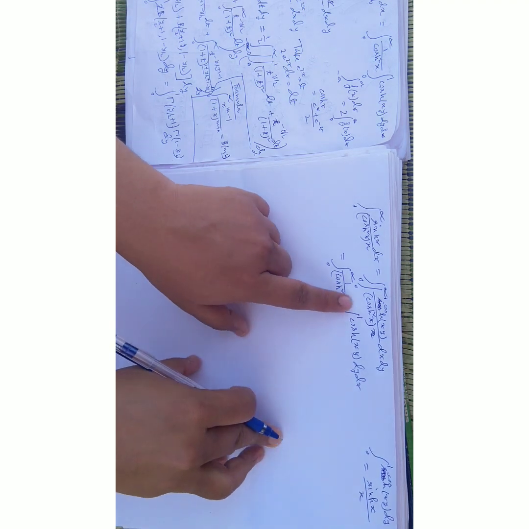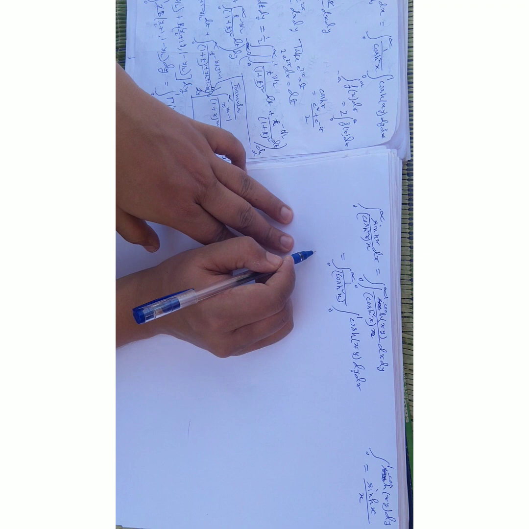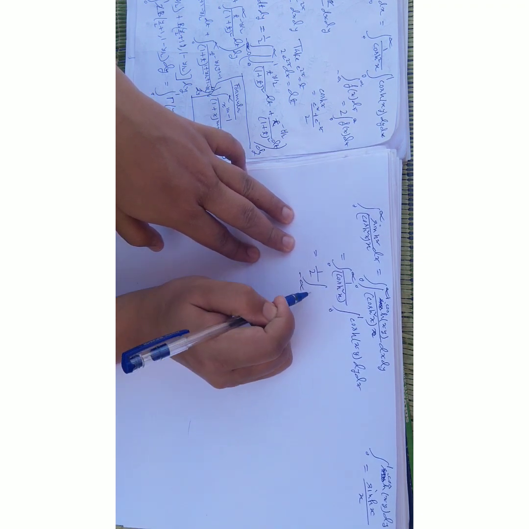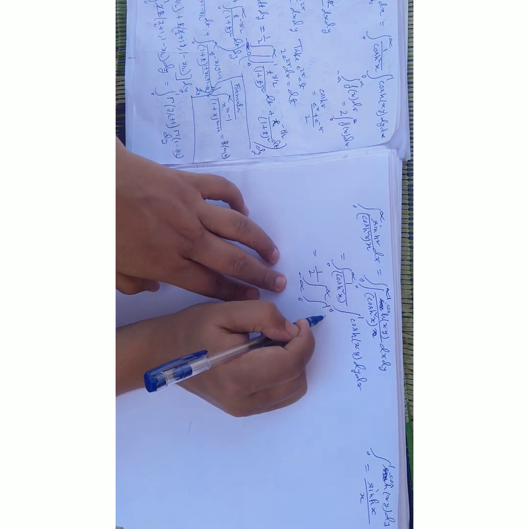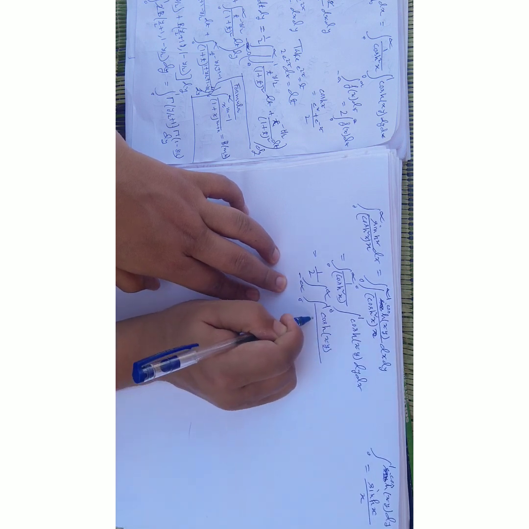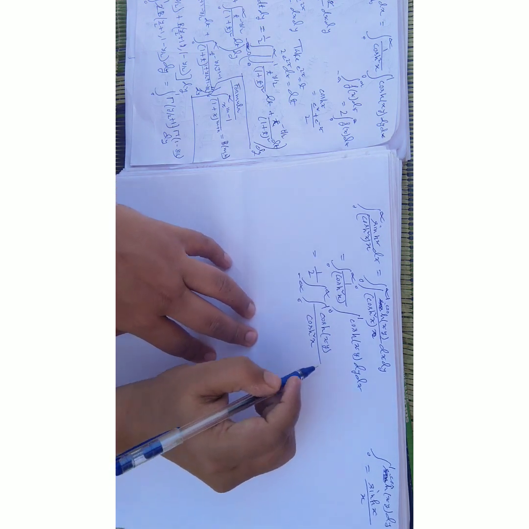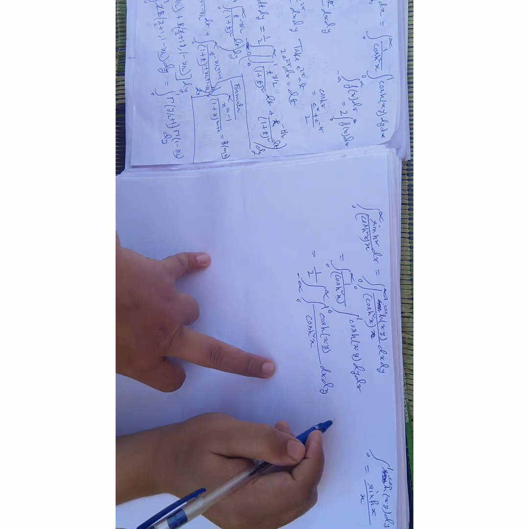It can be written as cosh(xy) dy dx, and after that I will change it to half into the integral from minus infinity to infinity, 0 to 1, cosh(xy) divided by cosh squared x, dx dy.